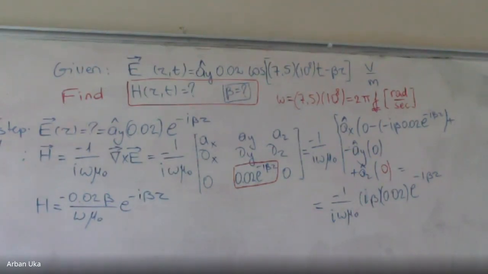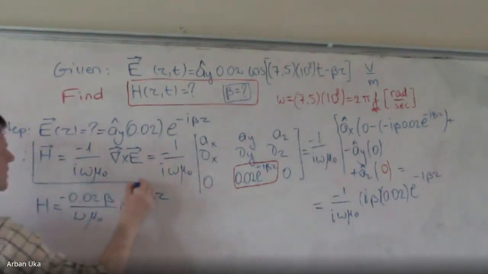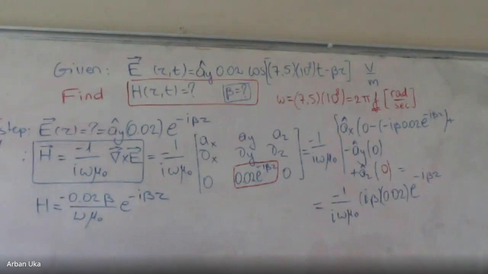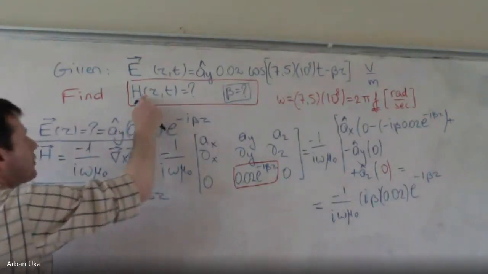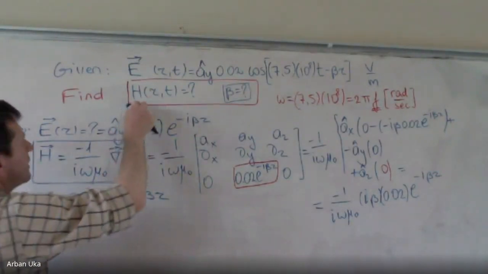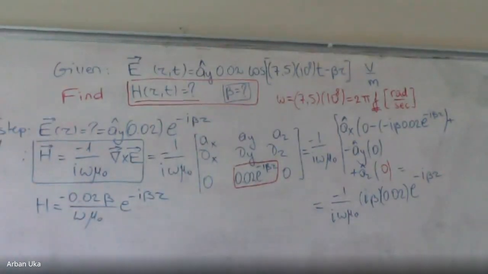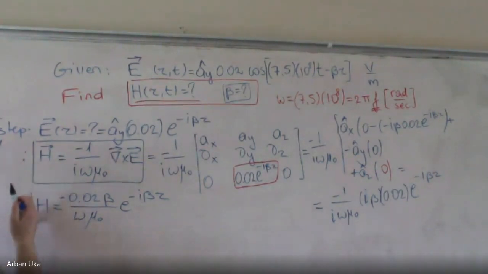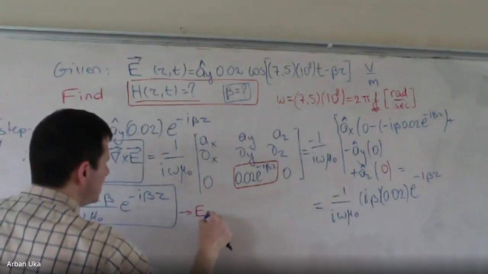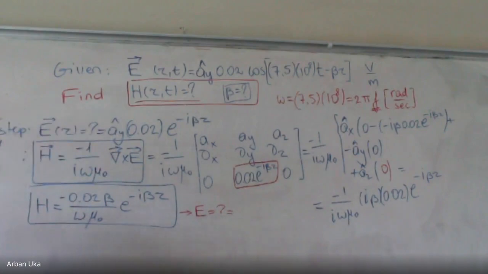Then the next step is we can identify what is E from H. So we wrote this, and in fact this is almost enough. In order to identify this first requirement, we are done. But to get more detail, it is good to derive E from this H. From here we can write what is E. We are going to see in a moment why this is so useful.